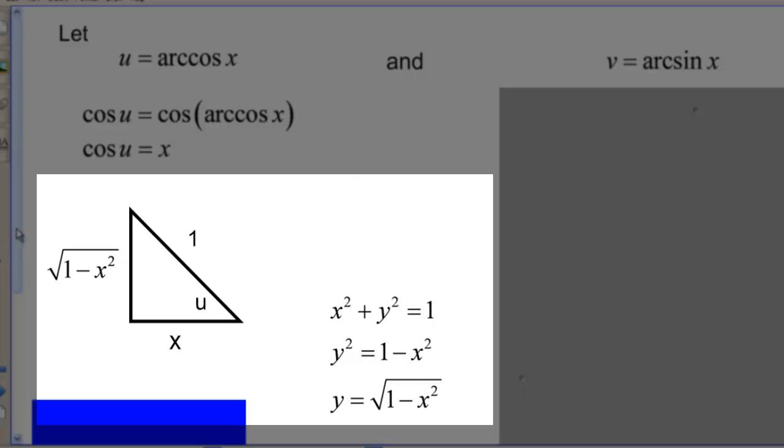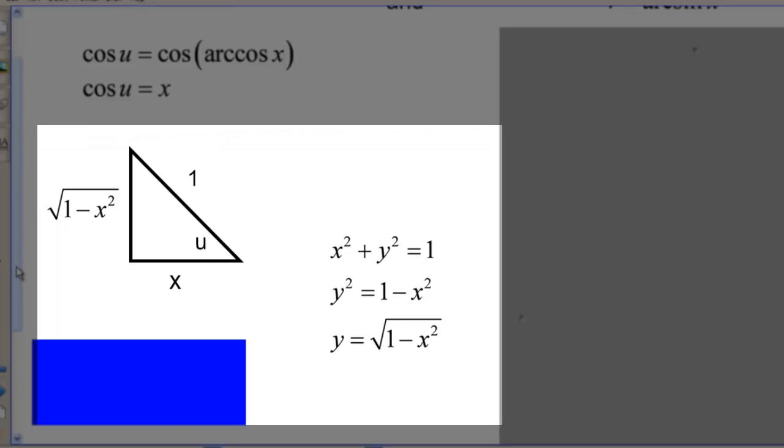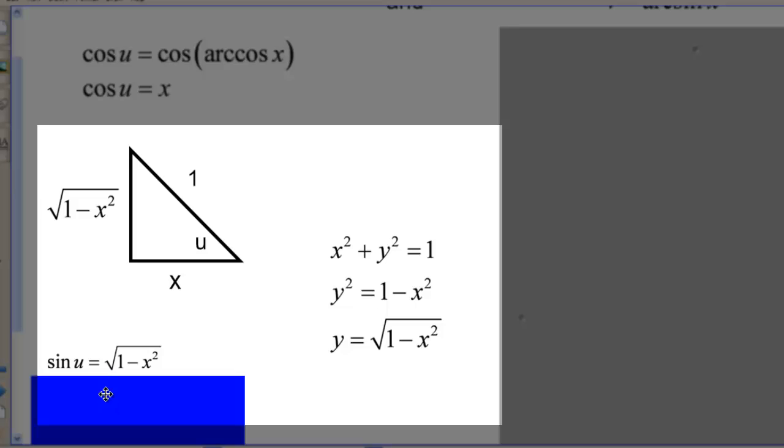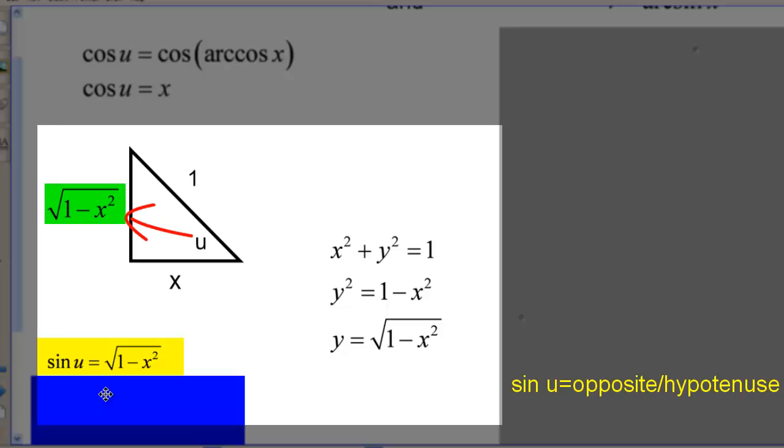Okay, so if you understand where we're getting those values, see if the following makes sense. The sine of u would be opposite over the hypotenuse. So the opposite is the square root of 1 minus x squared over 1, which is the radius.